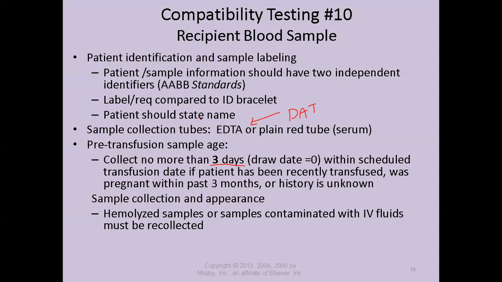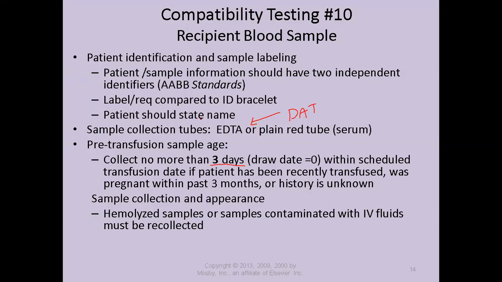As far as sample collection tubes, EDTA, as we've already established, are the main types of samples that are drawn. It could be pink EDTA or the lavender EDTA, anticoagulated blood. These are really good for the DAT, the direct antiglobulin test.